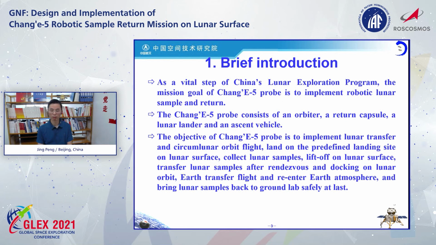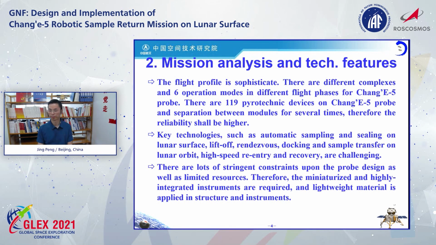The objective of the Chang'e-5 probe is to implement lunar transfer and circumlunar orbit flight, land on a predefined landing site on the lunar surface, collect lunar samples, lift off from the lunar surface, transfer lunar samples after rendezvous and docking on lunar orbit, perform Earth transfer flight and re-enter Earth's atmosphere, and bring lunar samples back to the ground lab safely at last. Next slide, please.